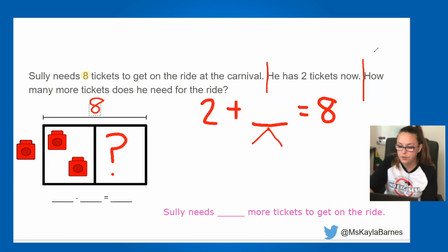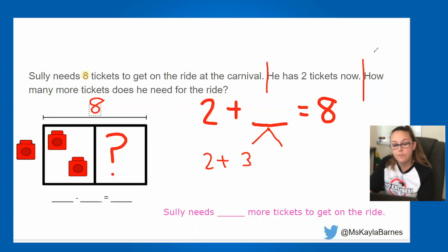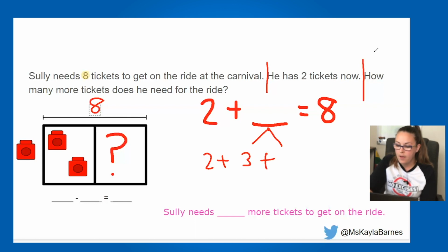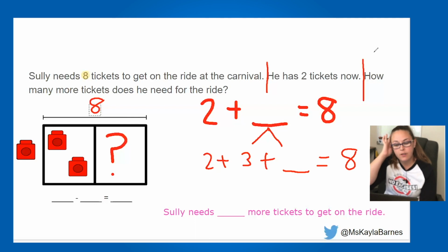So I know that 2 plus 3 equals 5, and that something else plus 5 equals 8. So the parts of the missing addend are 3 and something else.